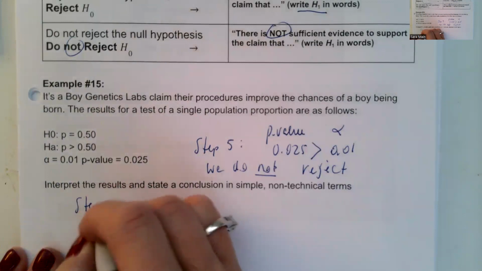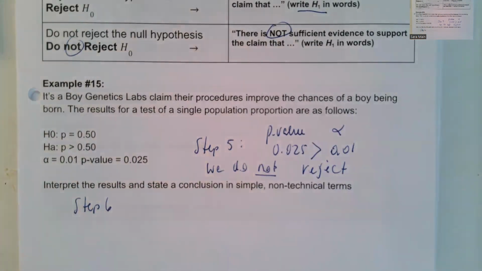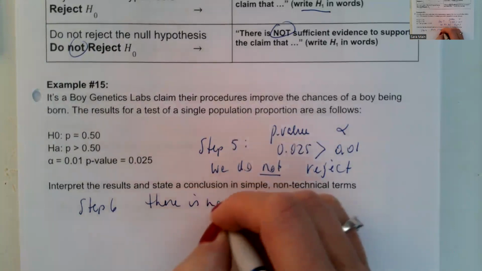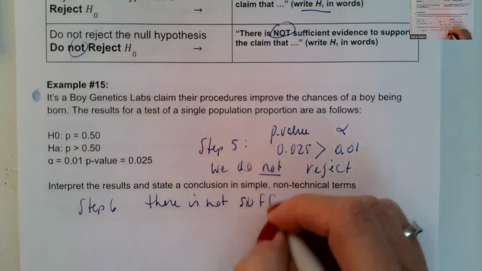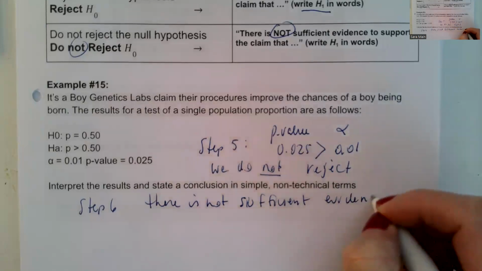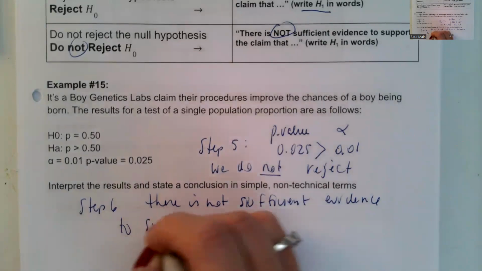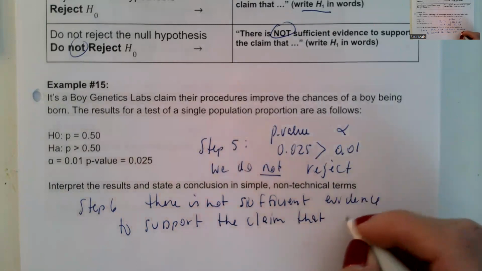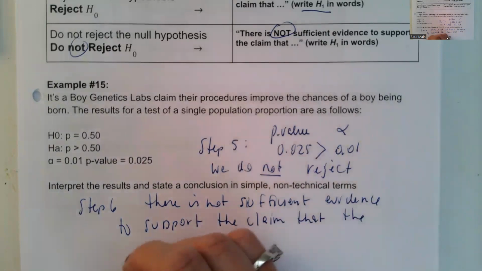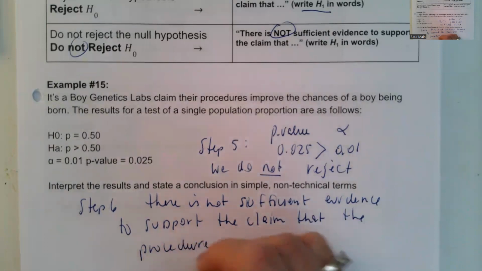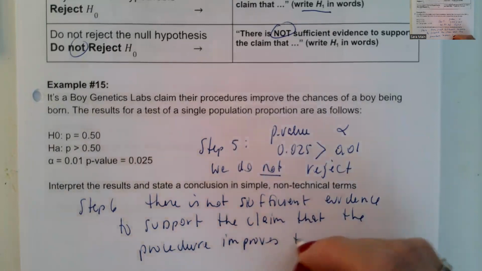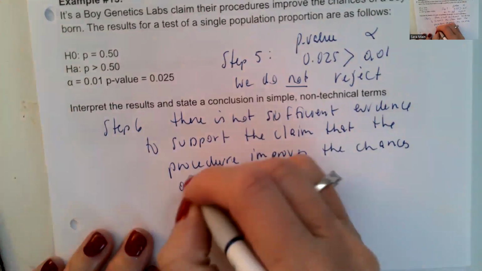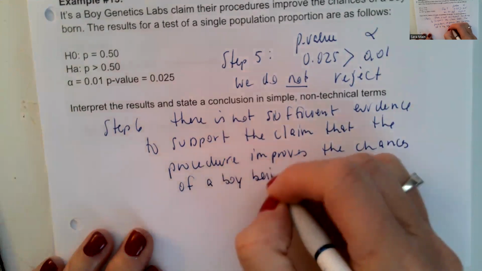So step 6 says, there is not sufficient evidence to support the claim that the procedure improves the chances of a boy being born.